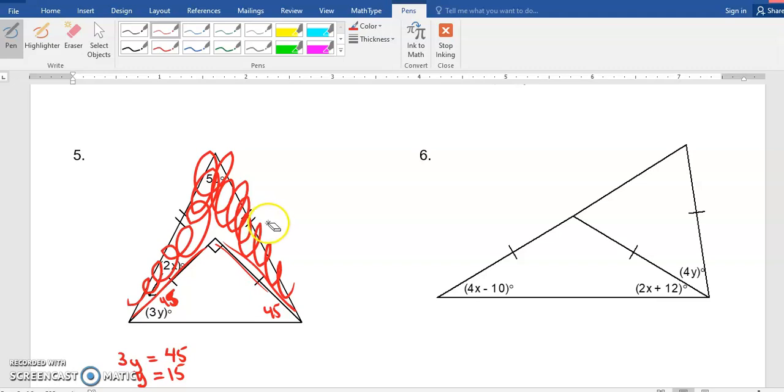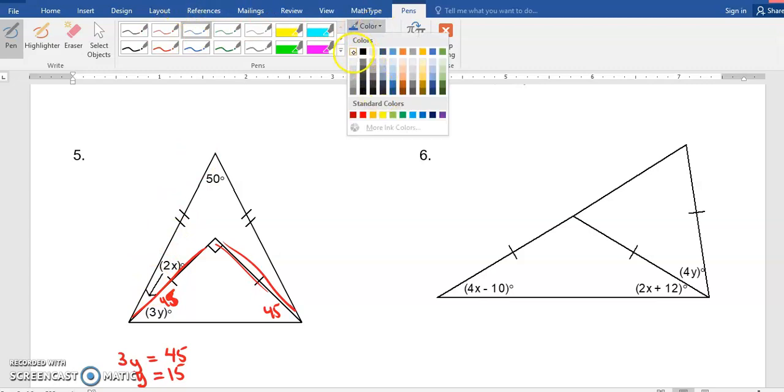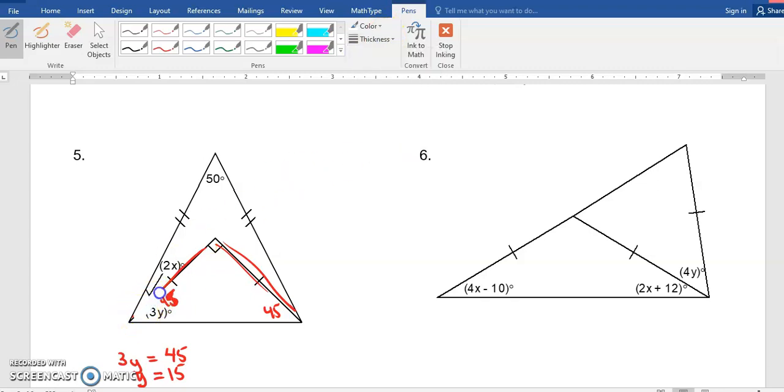Okay? Now, what we need to do is pretend, let's see, can I do a white? Let me do a white and make it thick. I'm going to erase this for a minute. If that wasn't there, okay, and I've got 50 up there at the top.